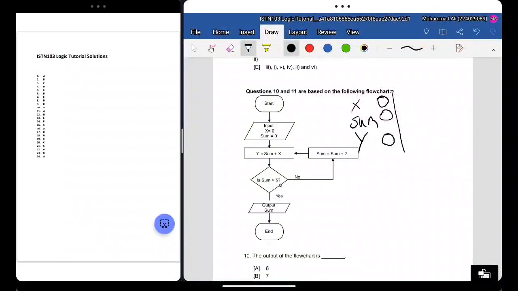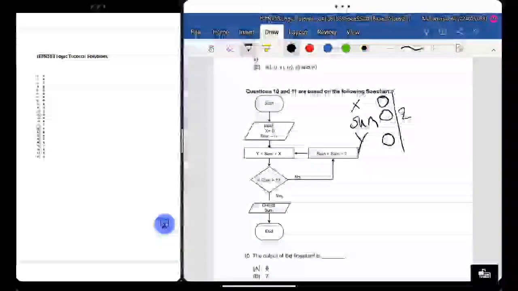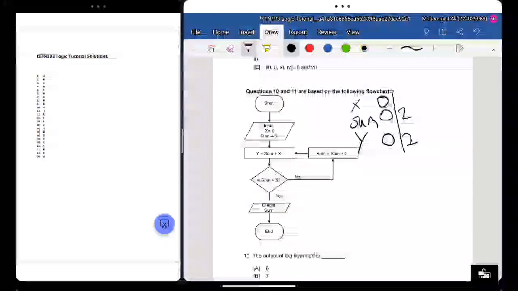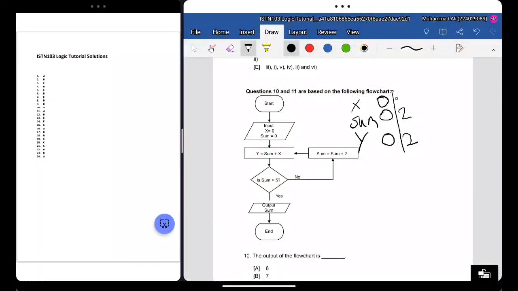Is sum greater than or equal to 5? No. We say sum plus 2. That makes it 0 plus 2 is 2. Y is equal to sum plus X, 2 plus 0. It's 2. The X will remain the same, right?